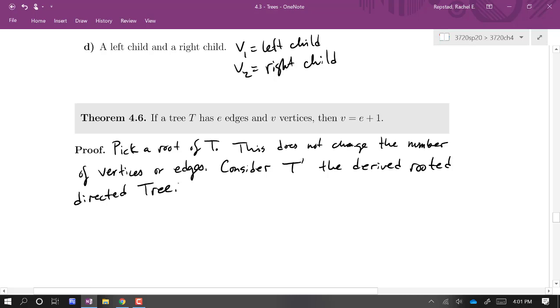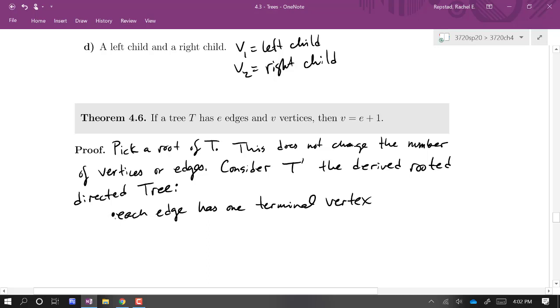So in T prime, each edge has one terminal vertex, and each vertex is the terminal vertex of one edge. So let's see, each edge has one terminal vertex. And that's true always in any directed graph. Each edge has just one terminal vertex.